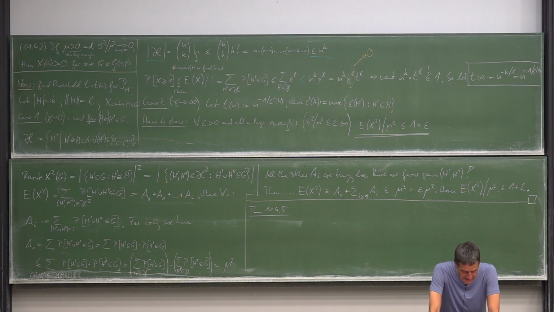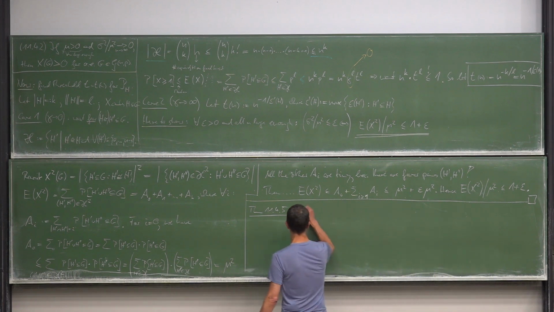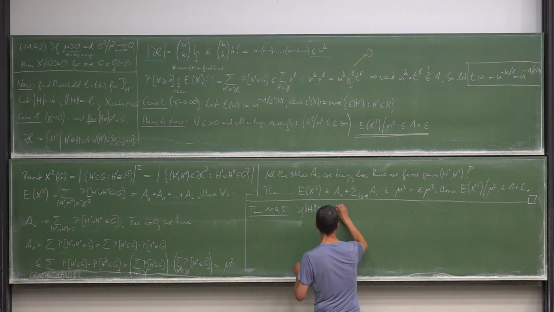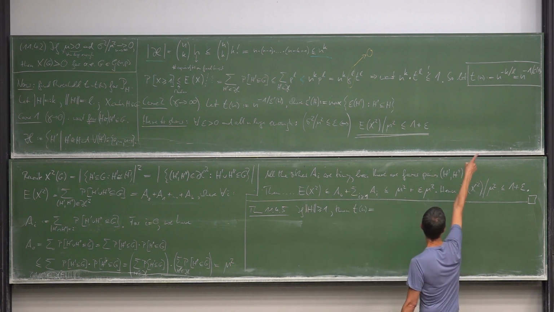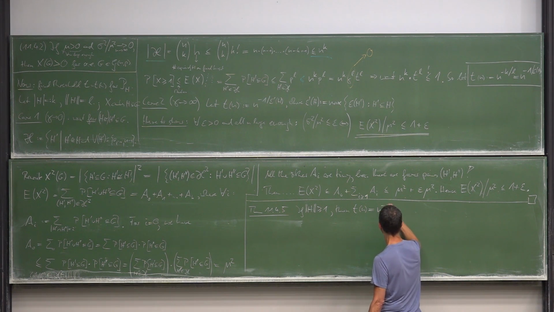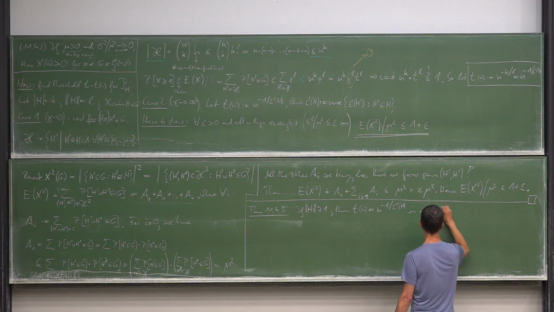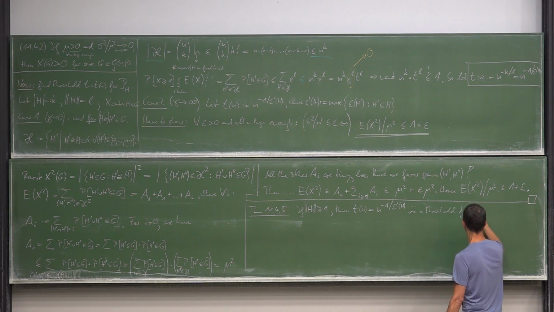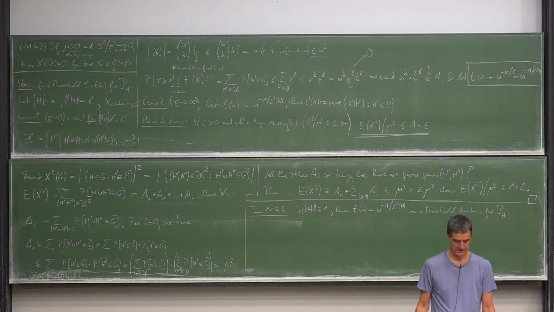And it says that if H has at least one edge, then T of n, defined as n to the minus 1 divided by epsilon prime of H, is a threshold function for pH. Right? Okay.